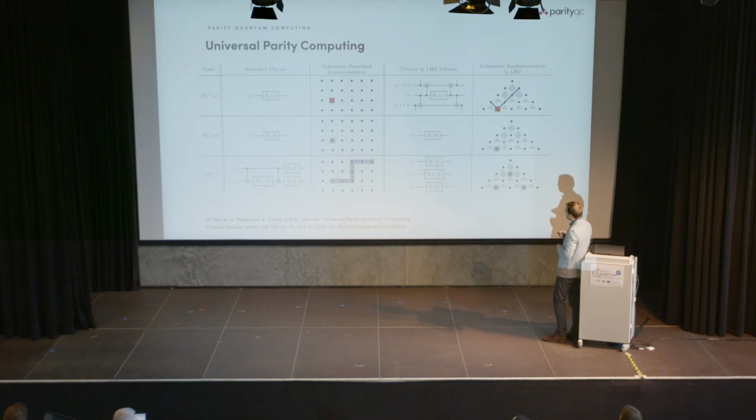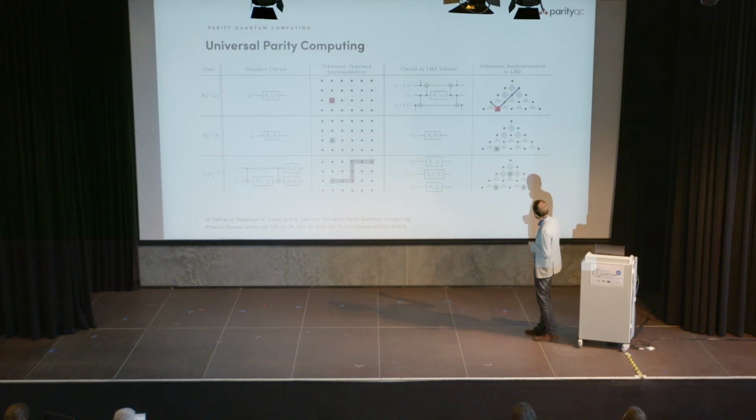Now, if I do the same thing in the parity picture, then a single qubit operation becomes, so this is the triangle that we've seen before, every qubit represents the parity. Because I've more or less got rid of the original qubits, if I want to do now a single qubit operation, I have to act on multiple qubits.